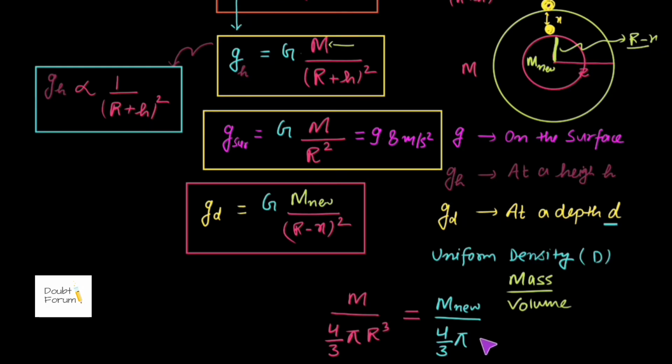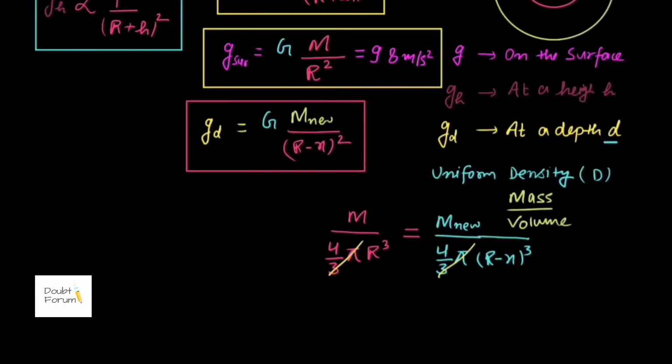So in place of r cube, I write r minus x whole cube. In this equation, 4 by 3 pi and 4 by 3 pi get cancelled, and m nu, the mass of this smaller sphere inside the Earth, is equal to capital M, the mass of the whole Earth, into r minus x whole cube divided by r cube.